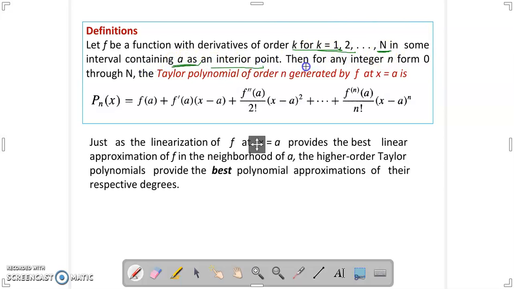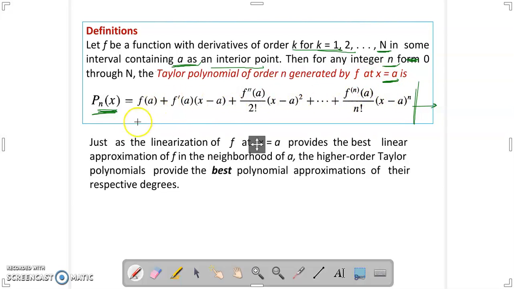Then for any integer n from 0 to capital N, the Taylor polynomial of order n generated by the function at this point, represented by Pn of x, is basically the same Taylor series, but now it is just chopped off after the nth order term, or you can say n plus 1 terms.